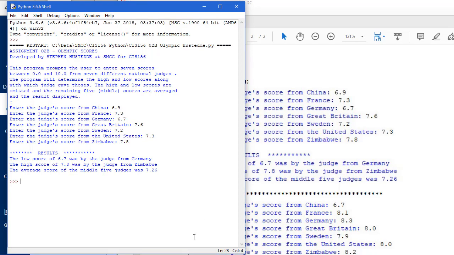Of course, we can also do some mathematical calculations here in the shell. So I could say sum equals 6.9 plus 7.3 plus 6.7 plus 7.6 plus 7.2 plus 7.3 plus 7.8.